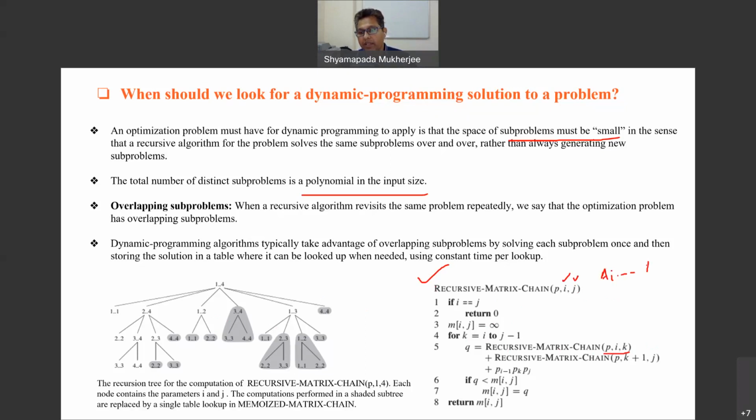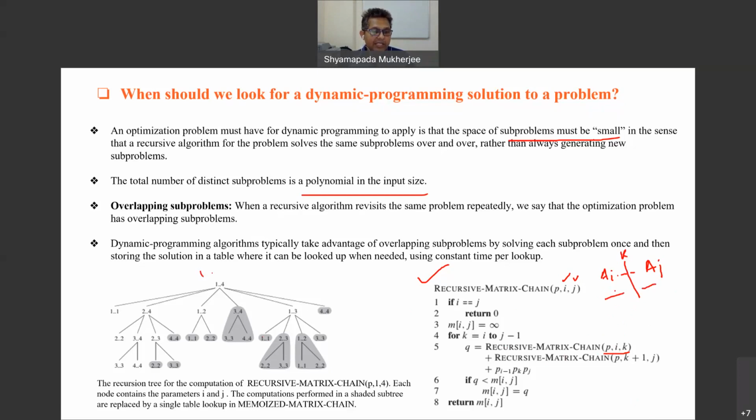In between them there are other matrices. So we want to find an index K between I and J, and we split the sequence into two subsequences, and we again apply the recursive procedure to these two subsequences. So this is a recursive procedure, and here you can see the same subproblems appear again and again.